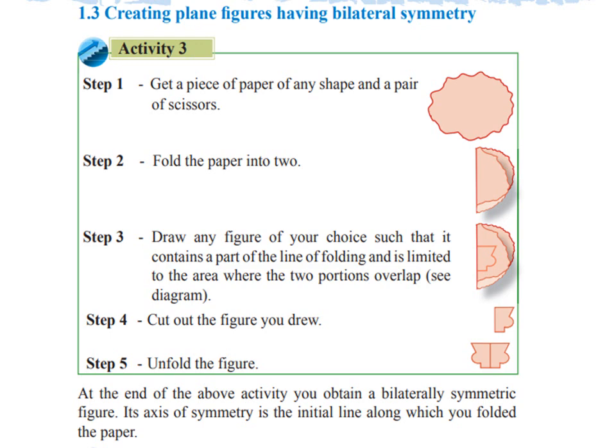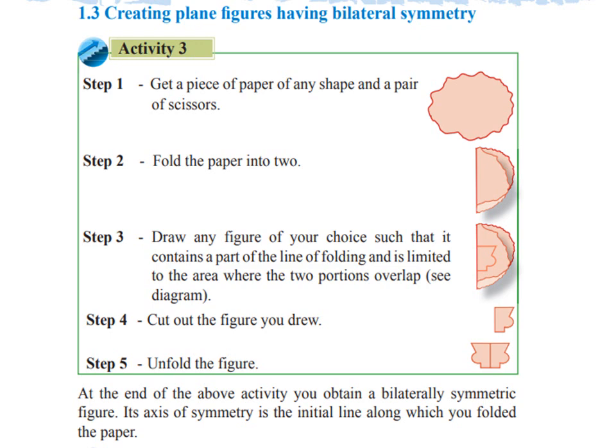Its axis of symmetry is the initial line along which you folded the paper, the line we folded in step 2.